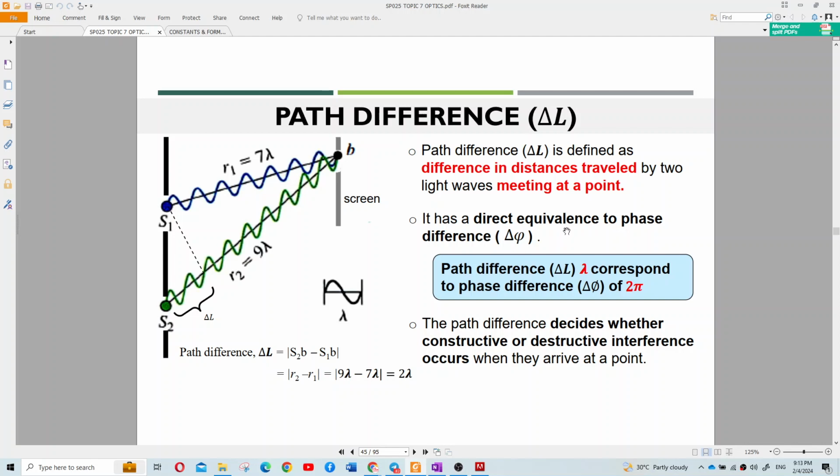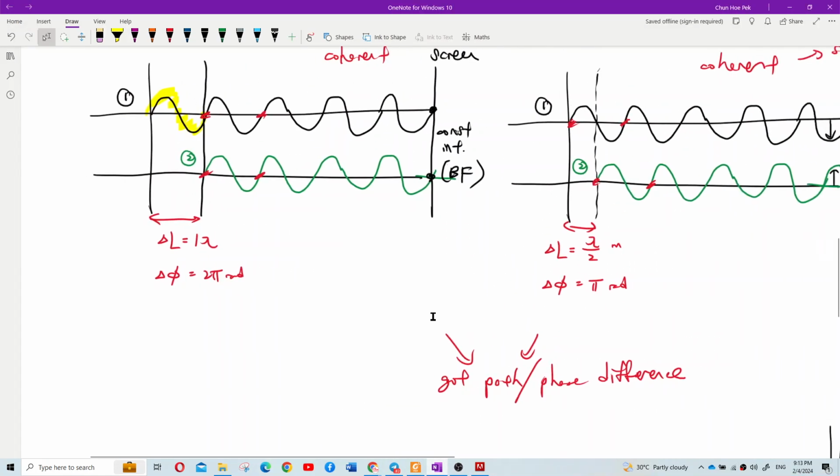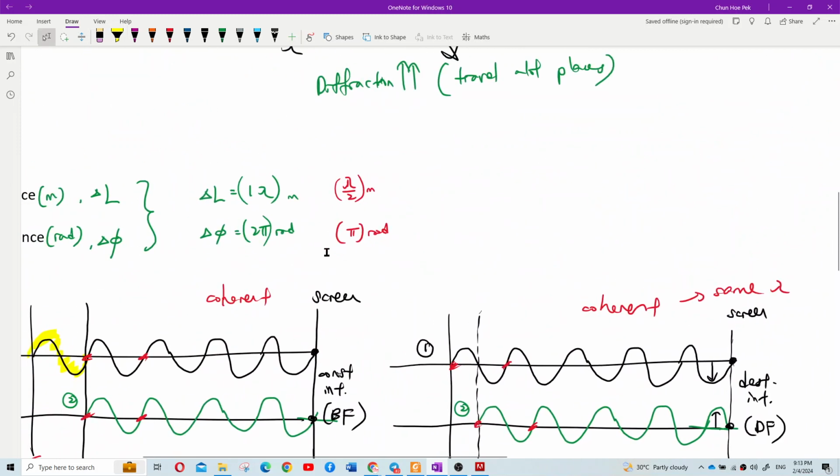So this path difference is directly equivalent to phase difference. As I said just now, 1 lambda corresponds to 2 pi radian, and half lambda is pi radian. 2 pi radian is 360 degrees, pi radian is 180 degrees.